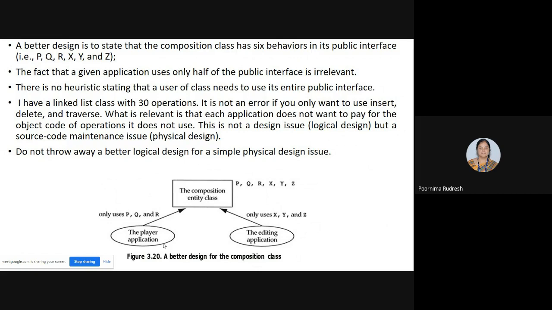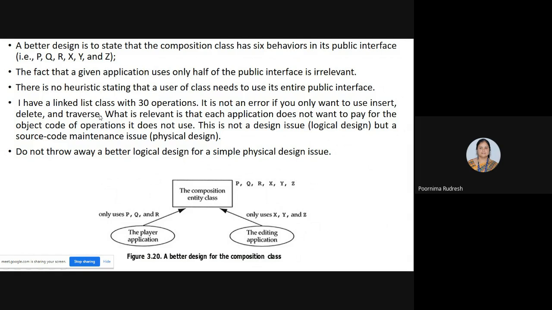But here, even though all the behaviors are placed in a single class, and even if one application makes use of only half of those operations or the public interface, we say that it is irrelevant, right? But no heuristic says that the user of a class needs to use its entire public interface, because no heuristic stresses that. Hence all the behaviors or operations are placed in a single entity class.